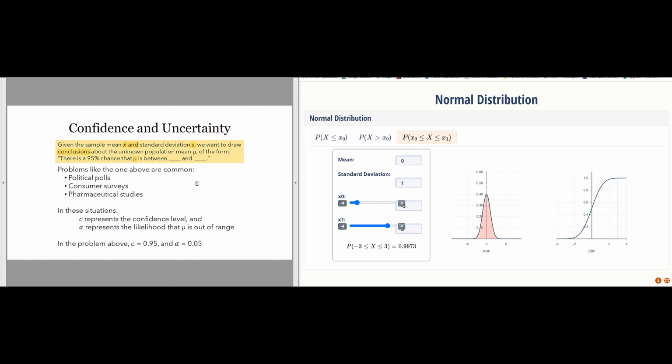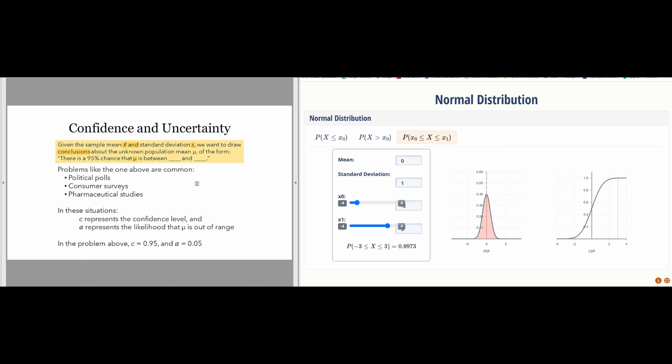Intuitively, I hope it's pretty clear. I mean, this is what the central limit theorem is telling us. I hope it's pretty clear that if you take a very small sample size, the mean of that sample is probably not going to be very close to the true mean.